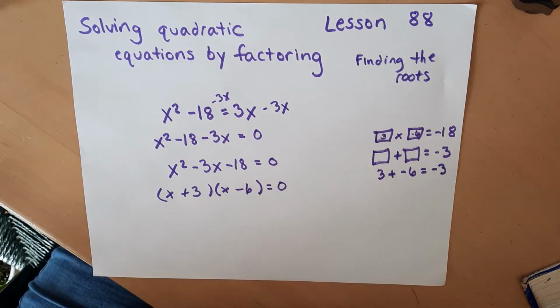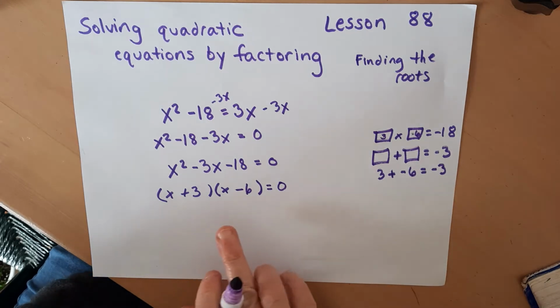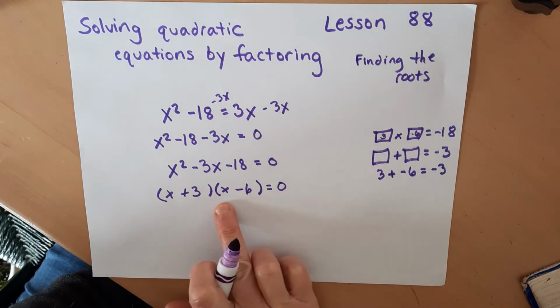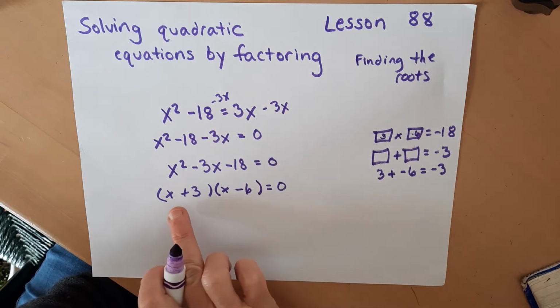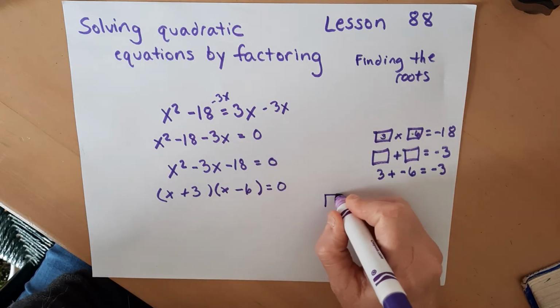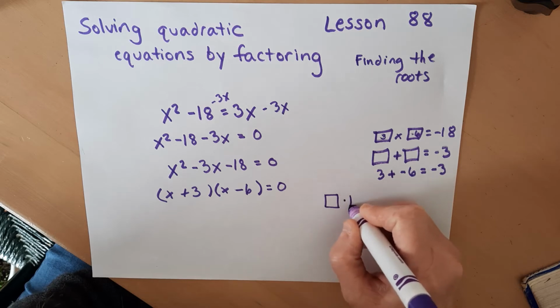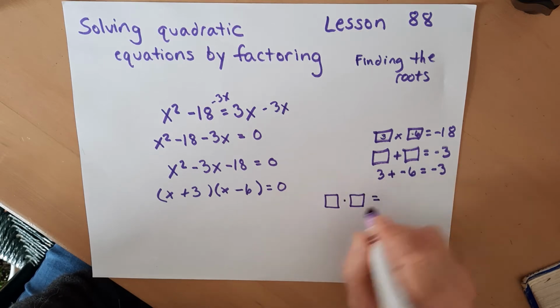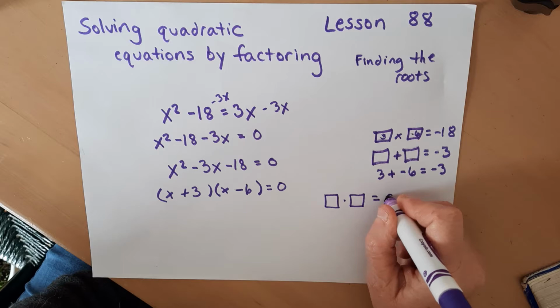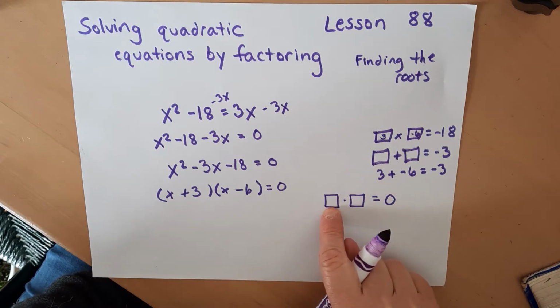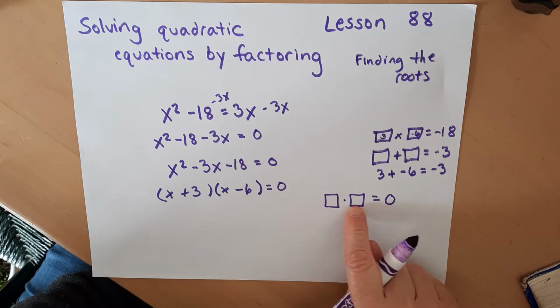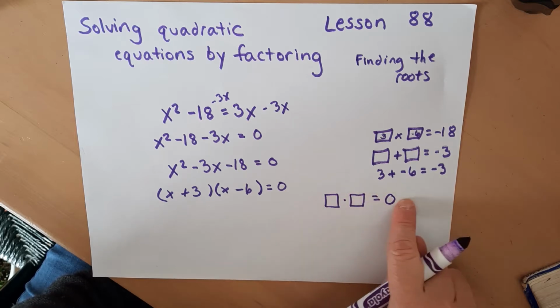Now the next part is we need to figure out what x equals. The reason we wanted to factor it to this point is that when two numbers are multiplied by each other and they equal 0, then either this has to be 0 or this one has to be 0 to make the statement true.